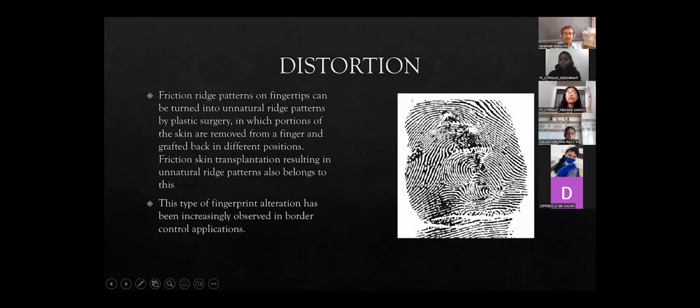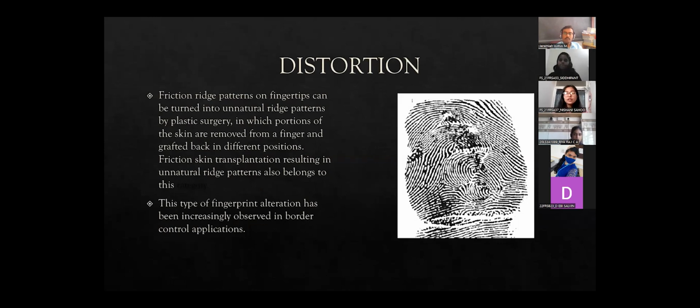Second, we talk about distortion. Now, friction ridge patterns on fingertips can be turned into unnatural ridge patterns by plastic surgery, in which portions of the skin are removed from a finger and grafted back in different positions. Friction skin transplantation resulting in unnatural ridge patterns also belongs to this.